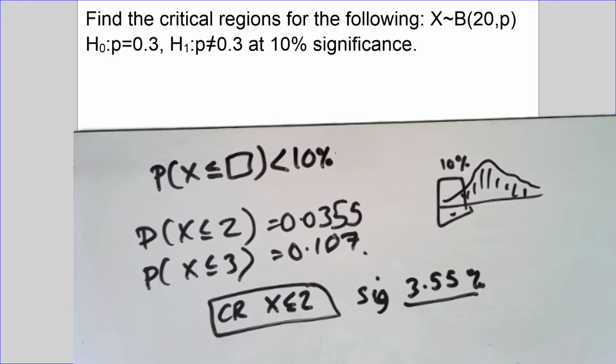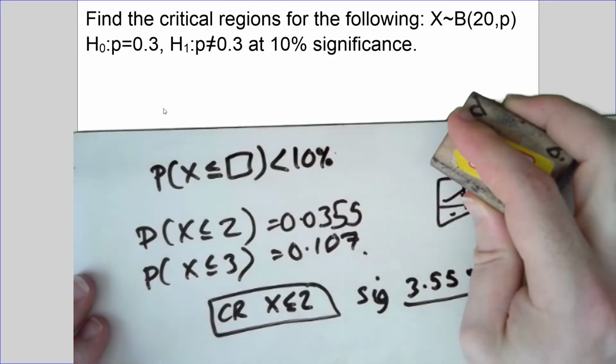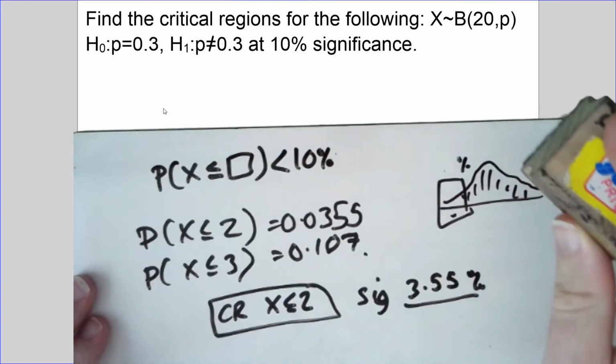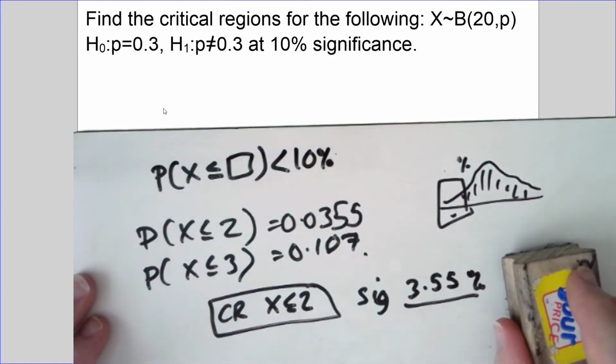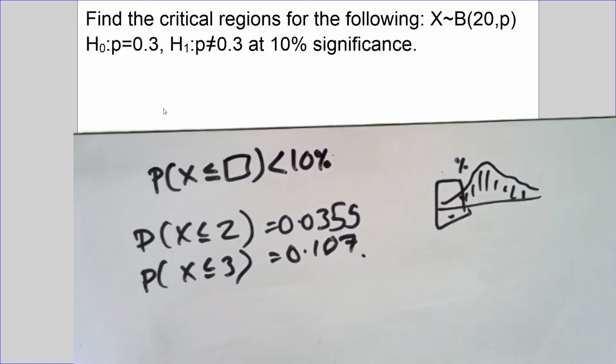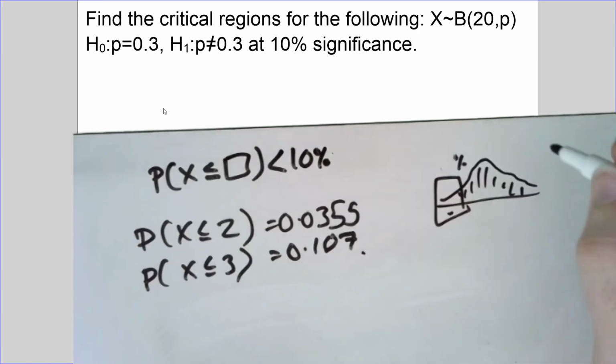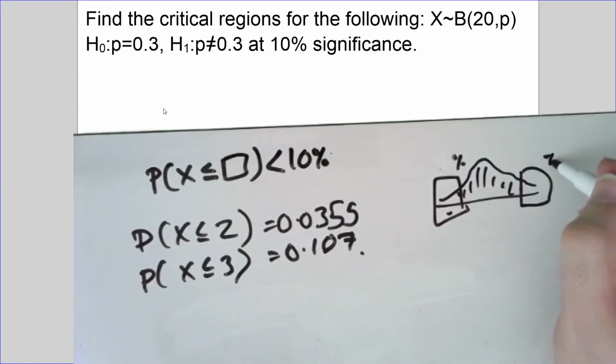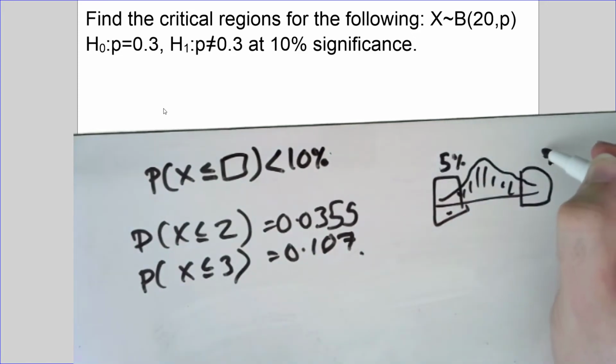You might look at this example here and think nothing has changed, but there's a very subtle change in the question, and it's this has changed to a not equal to. I'm going to keep the stuff that I've got here, but we're going to amend it a bit. So now we are not looking for a 10% one-tail test. We're looking at a two-tail test, which means it's 5% here and 5% here.